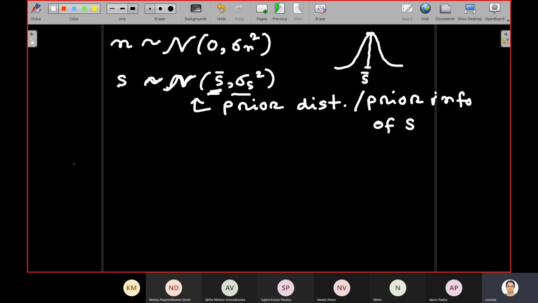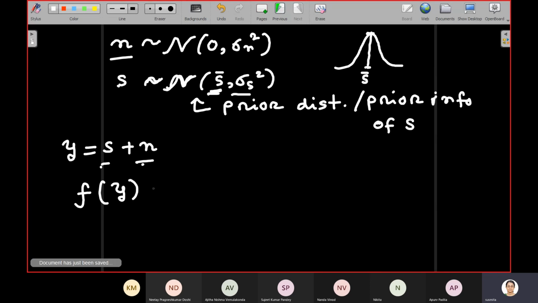Okay, so we have the prior distribution of S, and we know that the measurement Y is equal to S plus N. Now it can be shown that for Gaussian distributions, when S and N are independent, the marginal PDF of Y is again Gaussian.